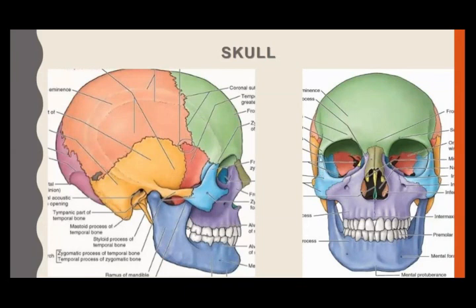So this is the frontal process of the zygomatic bone, and this is the frontal bone that articulates with the zygomatic bone. This would be the zygomatic process of the frontal bone. This is the maxilla, zygomatic bone. This is the frontal bone.